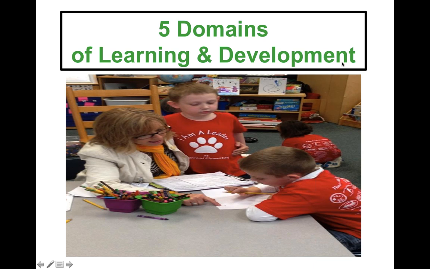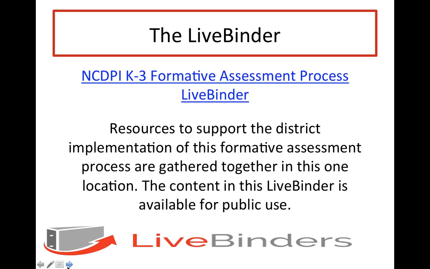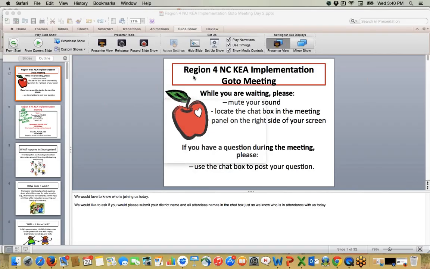Okay, I'm going to keep on. So again, I'm going to direct us to the live binder, and we're going to click on the link that's going to take us to the KEA live binder.